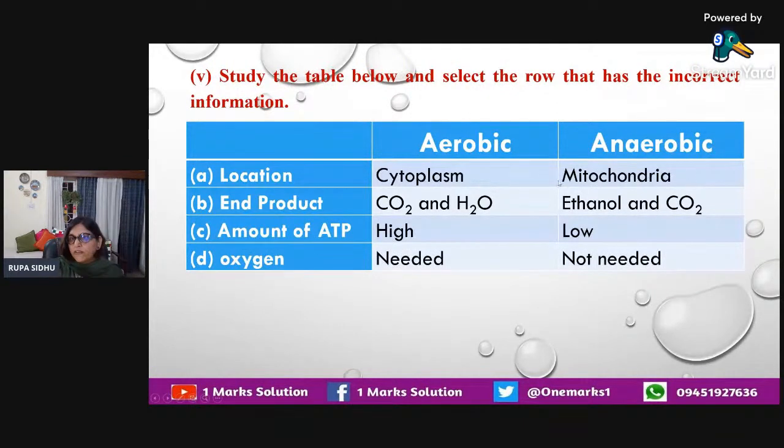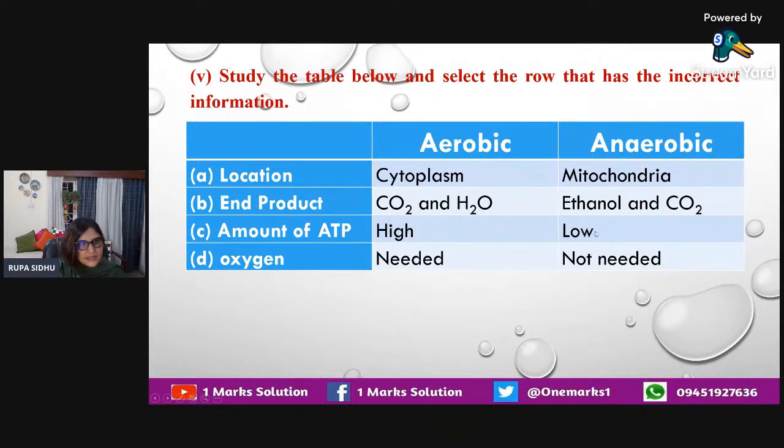So this first option seems to be incorrect, but don't be in haste. Please do read all the options carefully and then choose. End product in aerobic respiration, carbon dioxide and water. That's correct. In anaerobic, ethanol and carbon dioxide. That's correct. Amount of ATP, energy, is high in aerobic, correct? Low in anaerobic.